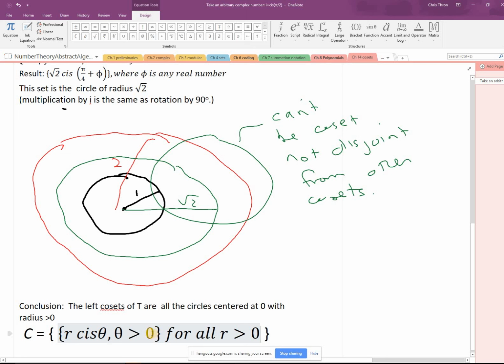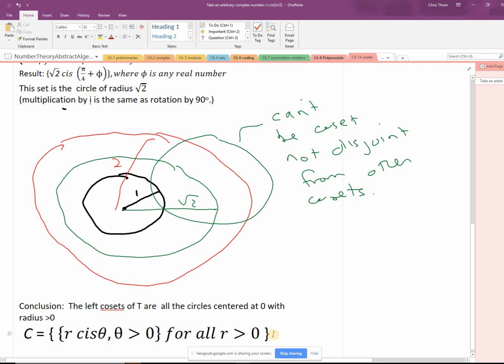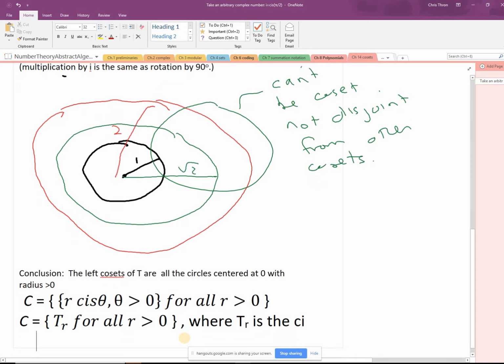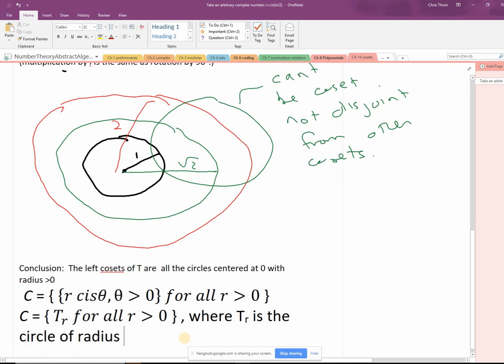And then to get all the cosets, I have to take these sets for all R greater than 0. Now you can also say something like this. I could say C equals T sub R, just abbreviate that, where T sub R is the circle of radius R centered at 0. You could say that either way.